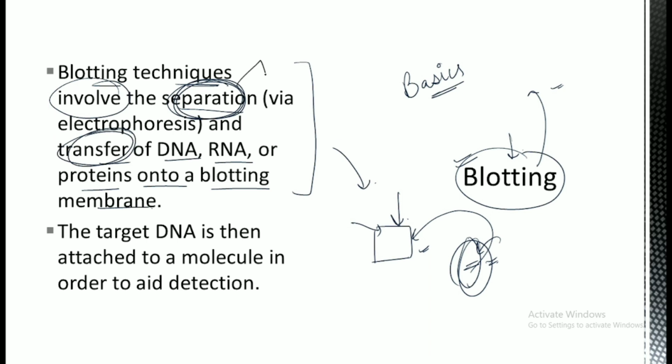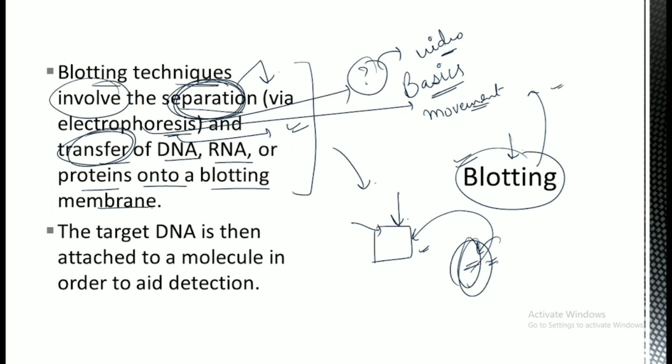How does the separation occur? It occurs via electrophoresis. What is electrophoresis? We'll discuss this in a different video, but for the time being, just understand electrophoresis simply means the movement of the DNA from one position to the other under the influence of electric charge.